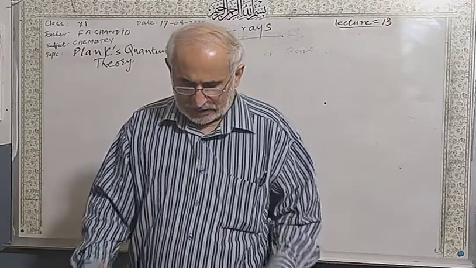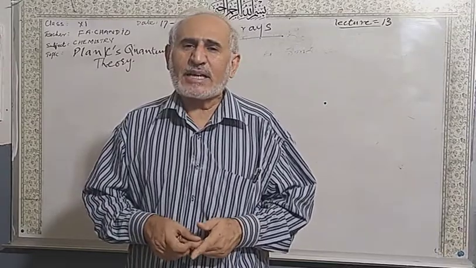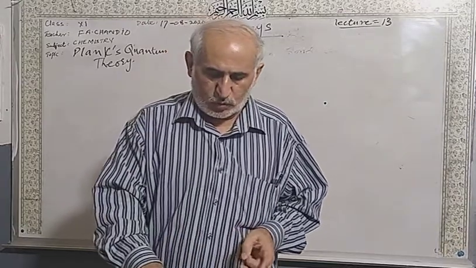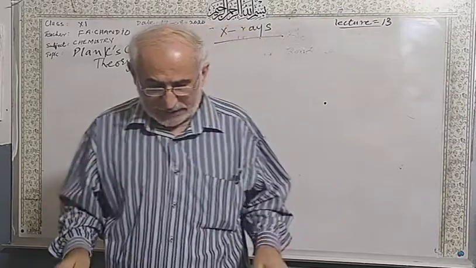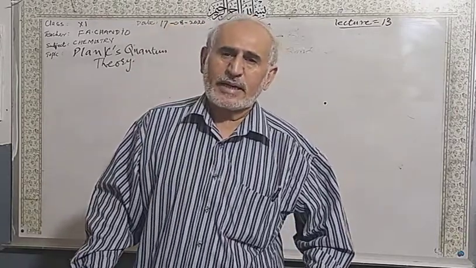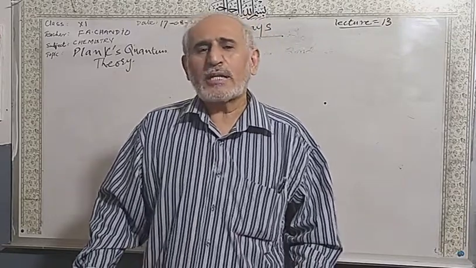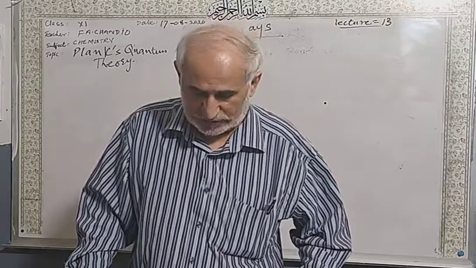So students, I just told you the discovery of X-rays by Wilhelm Röntgen in 1895. Accidentally he discovered X-rays by using the same experiment done by Crookes and Faraday for the discovery of the electron.